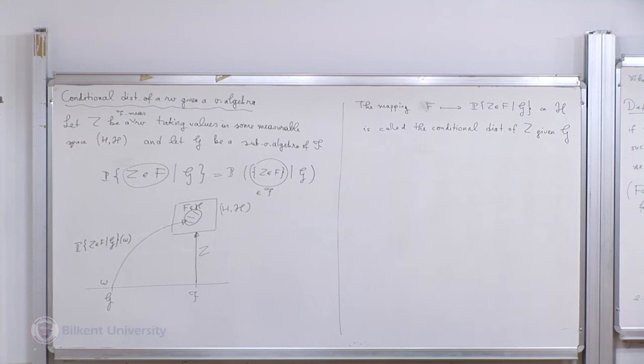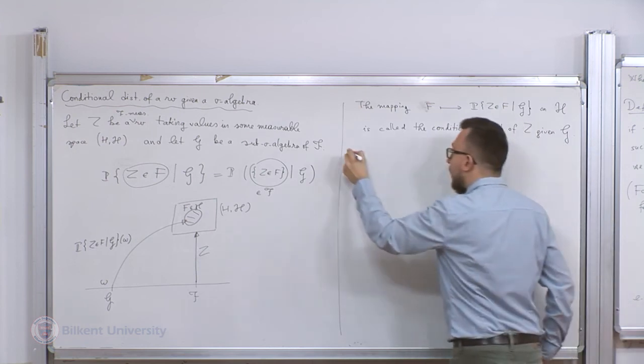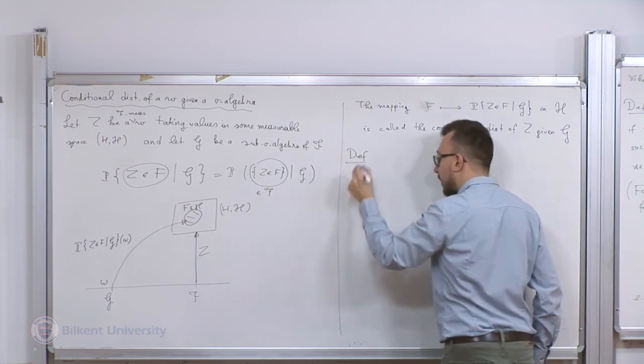Do they form a transition kernel? So let's define the regular versions in a similar way.